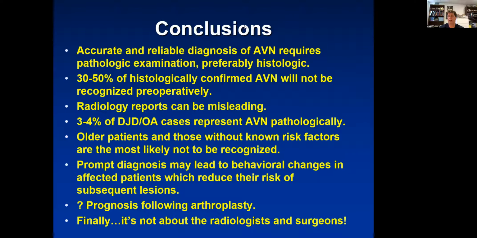When we looked at our study, it's important to note that we found these discrepancies independent of the regional hospitals, independent of the radiologists making the interpretations, independent of the orthopedic surgeons who were excising these femoral heads. Had nothing to do with them. I think it simply relates to the notion that here at the Cleveland Clinic, we more meticulously examine these specimens, possibly more than other institutions do.